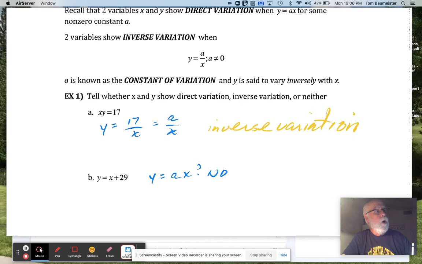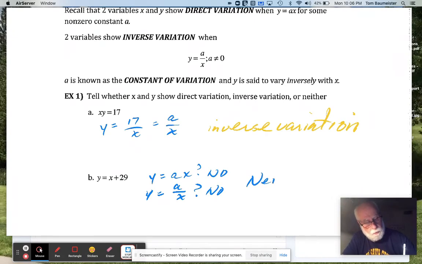Or can we write it as y is equal to a divided by x? Again, you would say no, because there's a plus sign in between them. So since that plus sign is there, we can't do either one of them. So this one, your answer would be neither.